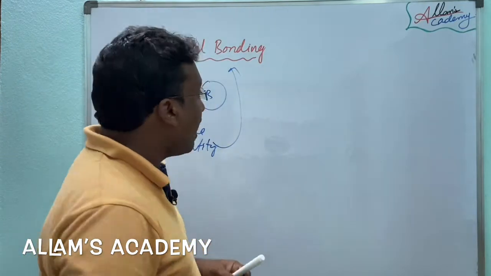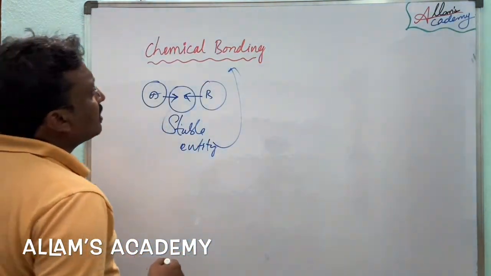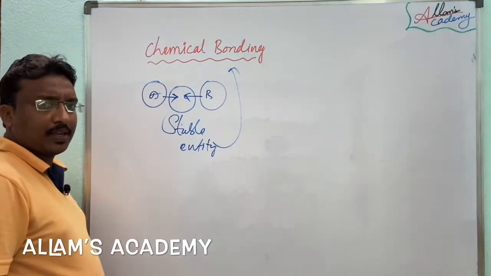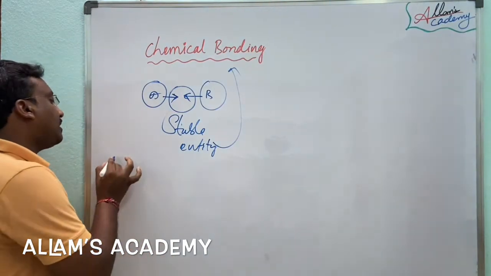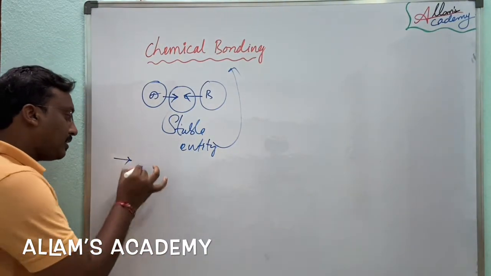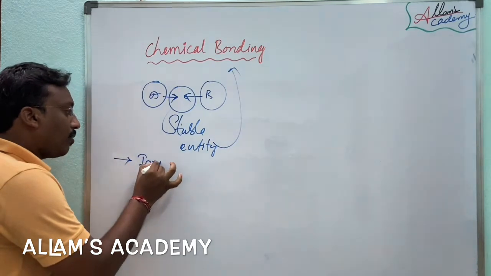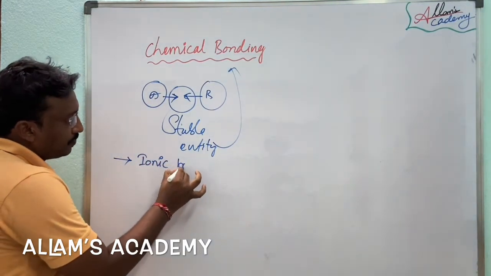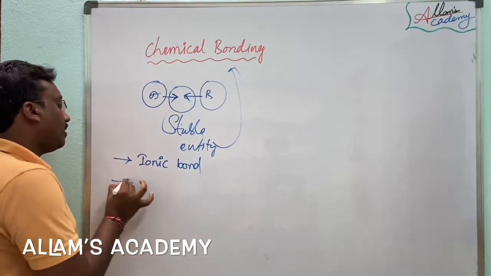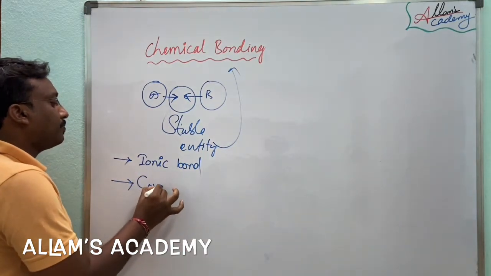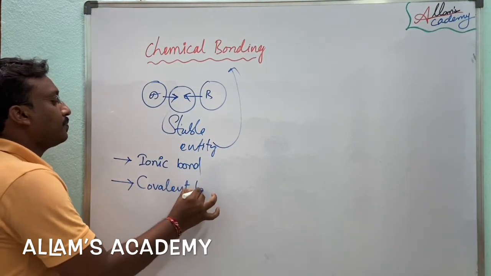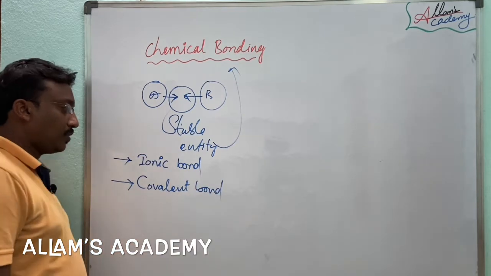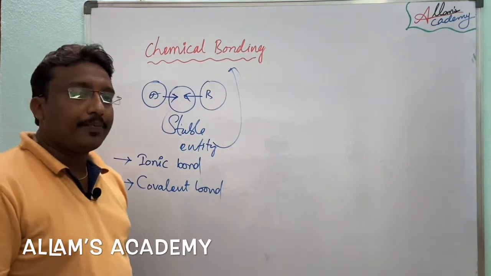And chemical bonding has many types, but in our 10th standard we will discuss the ionic bond and covalent bond.